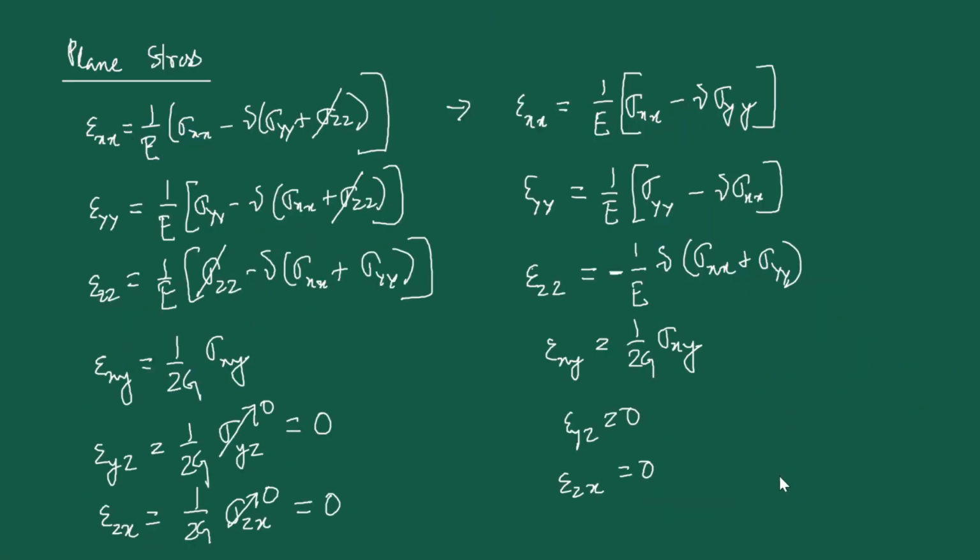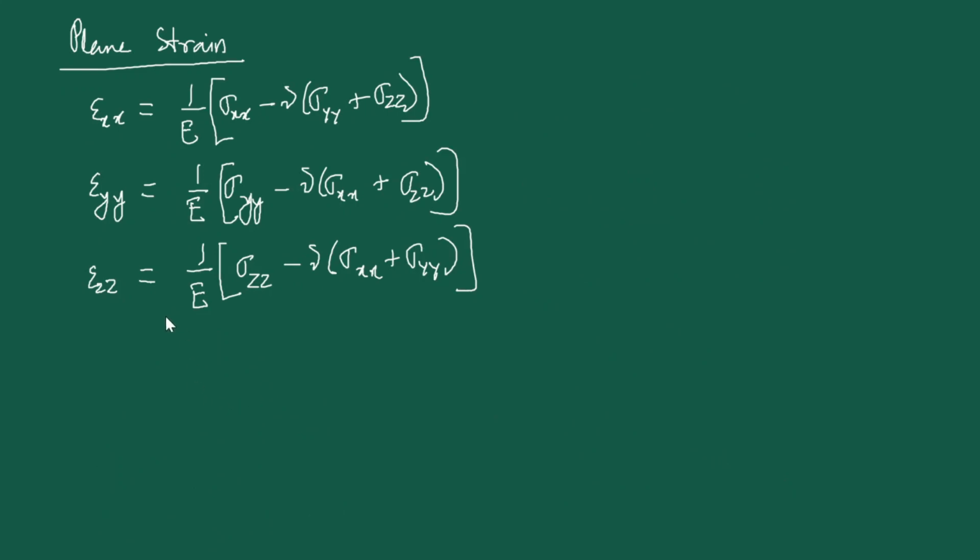So when we come to this plane strain case, we can set epsilon zz to 0. Now if that is so, this immediately means that sigma zz is equal to nu times sigma xx plus sigma yy. Now this becomes very interesting, because you can substitute this expression back in here.